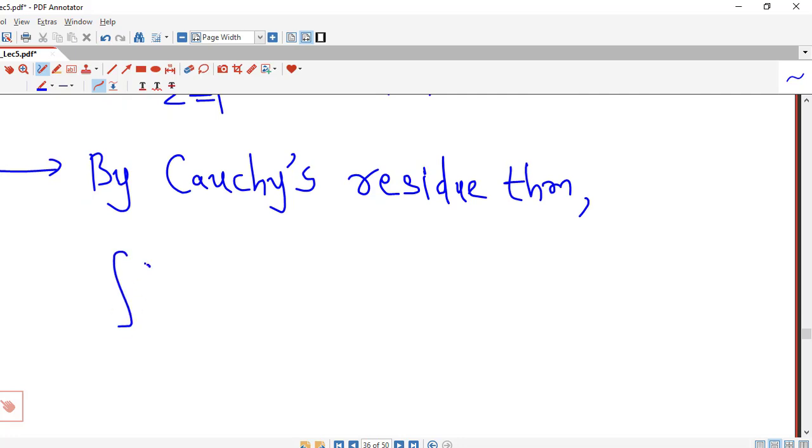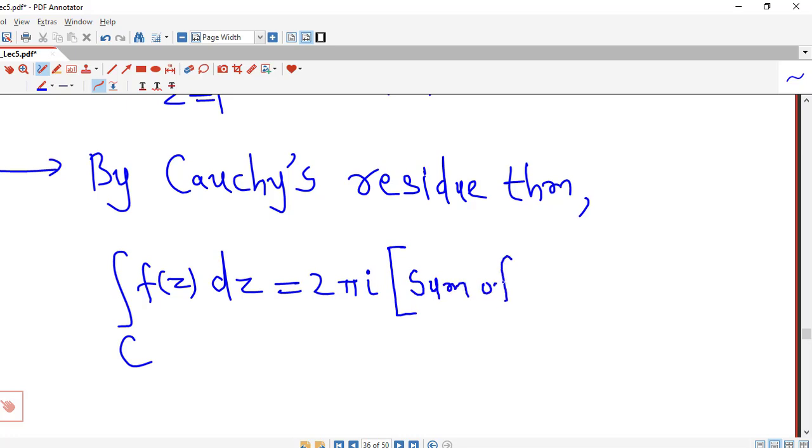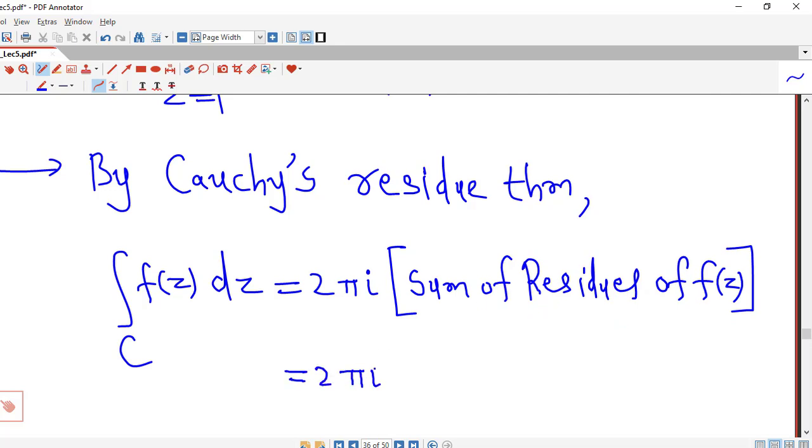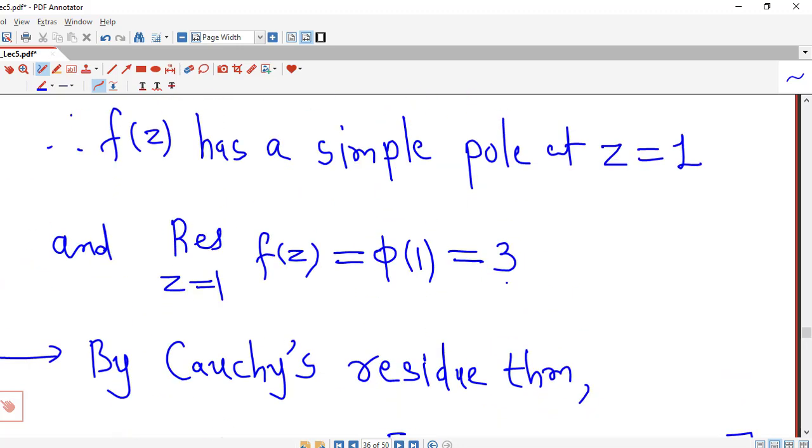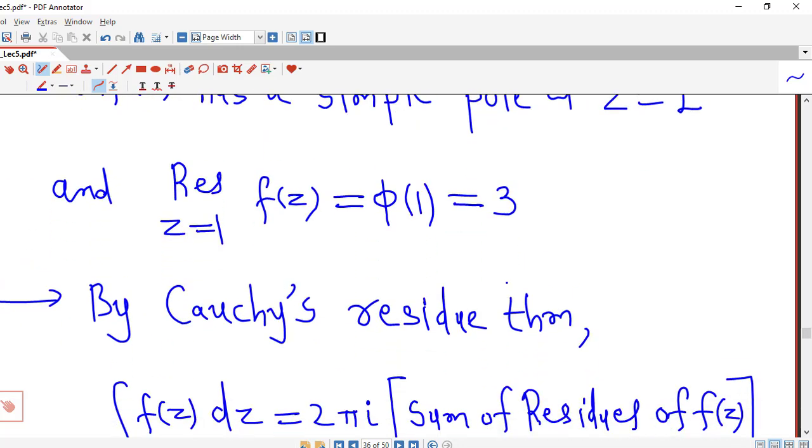By Cauchy's residue theorem, the integral of f of z along the given circle will be equal to 2 pi i times the sum of residues of f of z at isolated singular points. But here there is only one point which is inside C and the residue is 3.